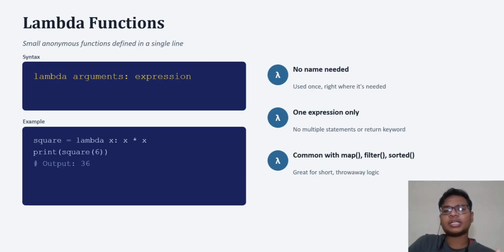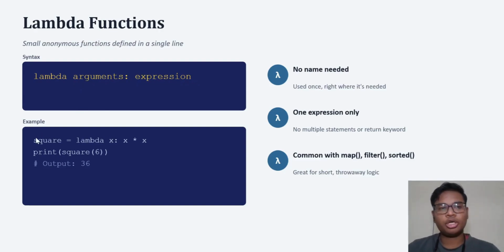A lambda function is a small anonymous function defined in a single line. These are the lambda arguments, and these are the expression.